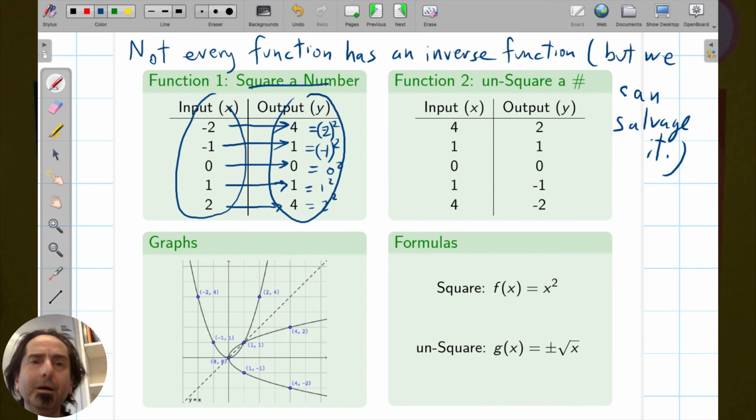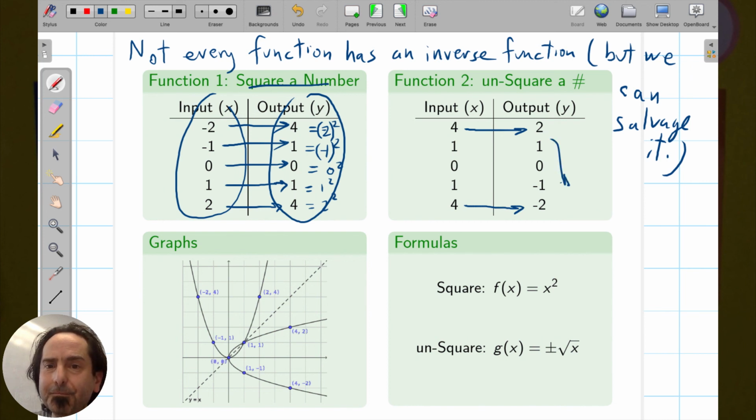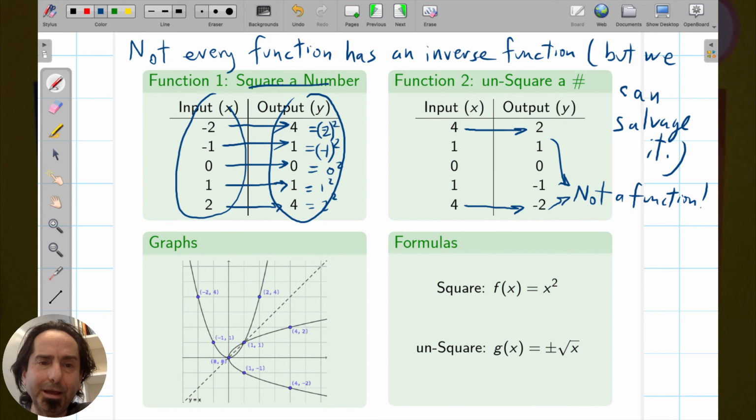If we try to form the inverse function, we should just take the input and output columns and switch them, and then we get this: 4 unsquared, or the square root, should give you 2, but 4 also should give you -2. So right away we can see that it's not a function. And we can also look at the graphs.